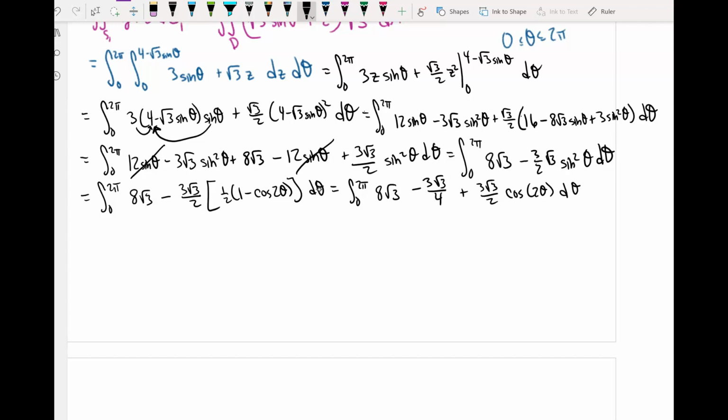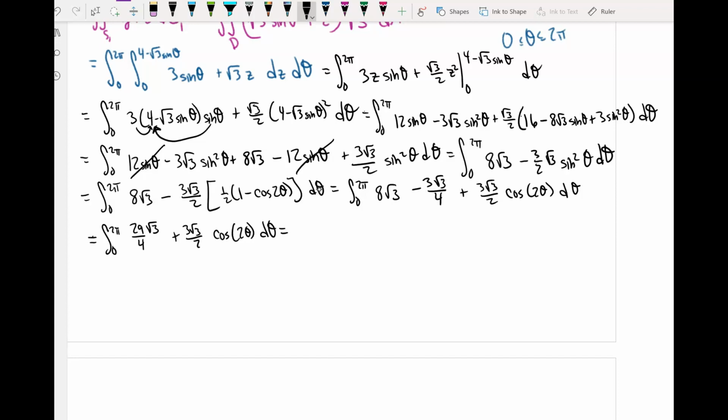Okay, and now I'm going to have that 8 minus 3/4. That's going to give me 29 over 4. Okay, so 29 over 4 square root of 3, and then plus 3 square root of 3 over 2 cosine 2 theta, d theta.